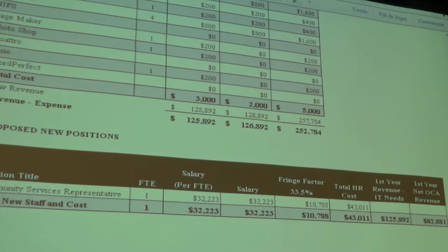And then the revenue that the position was expected to generate was 125,000 or 126,000. The net revenue was going to be 82,000, rounded up to 83,000. So you can have a positive impact on revenue, and so that would have a positive return on investment if the position was filled.